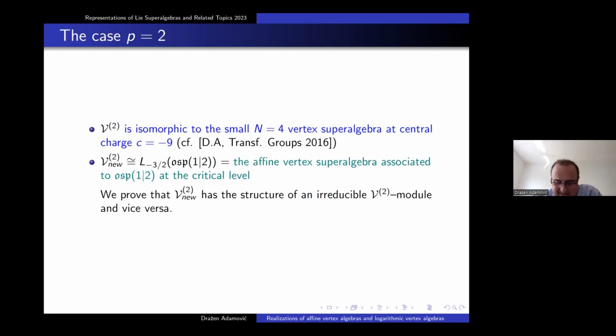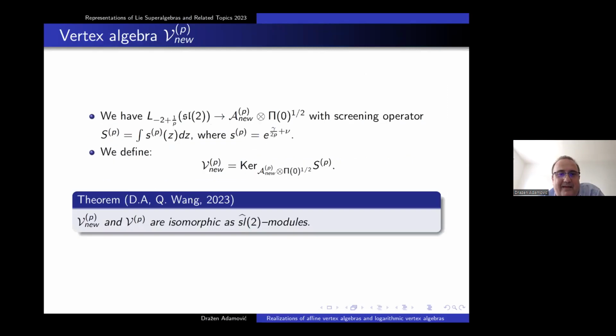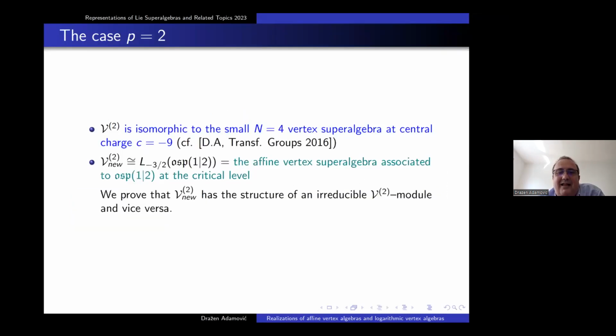In the case P equals 2, we get minus 2 plus 1 over 2, which is minus 3 half. And with this minus 3 half, we get a realization of the small N equals 4 vertex superalgebra at central charge C equals minus 9.